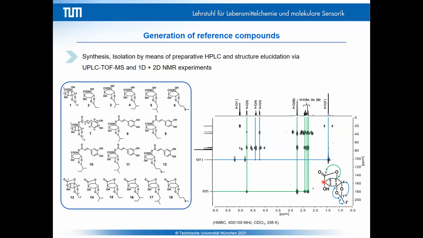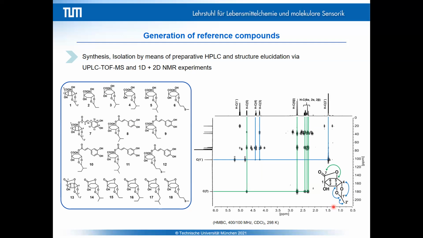Very quickly, we can verify that both structural features are present by the couplings of the protons 3 and 4, as well as the methyl group 2 with the carbon atom C1, and this confirms the formation of this acetal on the cis-diol function between C3 and C4.